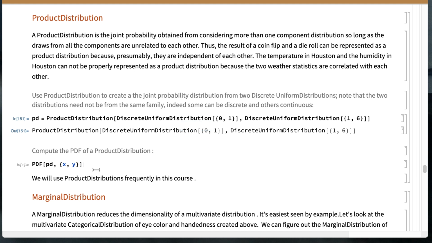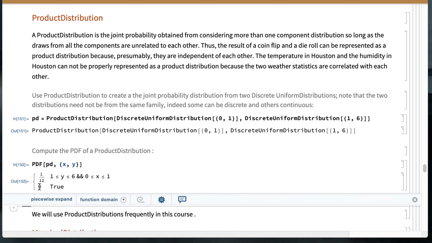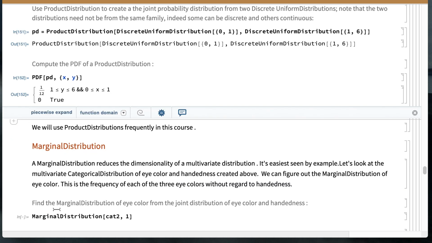So I can ask it to compute the PDF of a product distribution, and it's going to tell me, hey, it's 1/12, so long as your die roll is between 1 and 6, and your heads roll is between 0 and 1. Otherwise, it's 0.